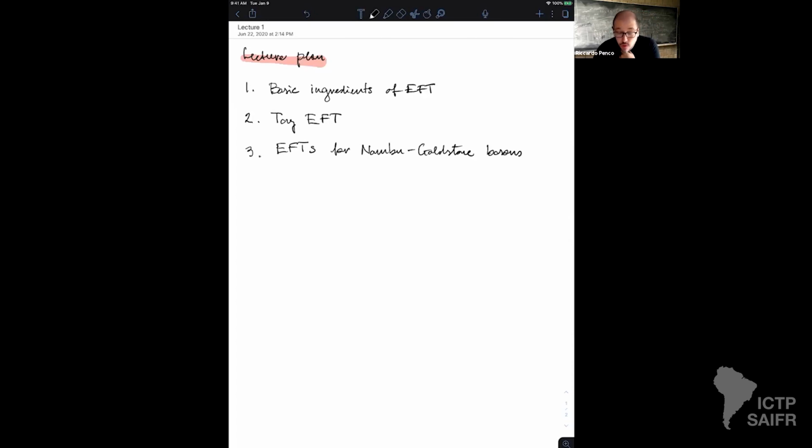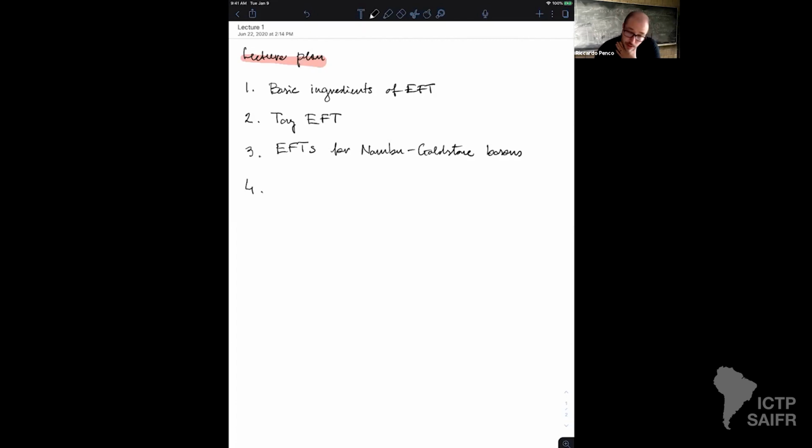As you might know, Nambu-Goldstone fields appear anytime some symmetries are spontaneously broken. And the way in which the symmetries are implemented on these fields can be very complicated. It's a nonlinear way. And so this presents additional subtleties when it comes to writing down effective field theories for this type of particles or fields.